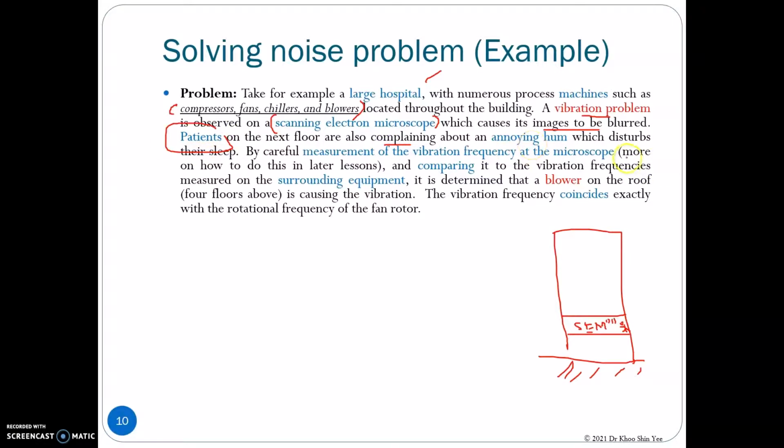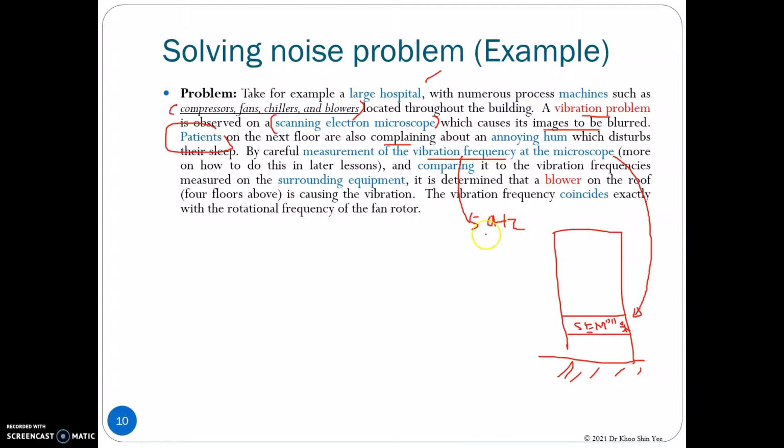In this case, a noise and vibration engineer was called to take measurements and investigate the noise problem. After they performed the measurement of the vibrating microscope, they found the vibration frequency to be, let's say, 50 Hz.